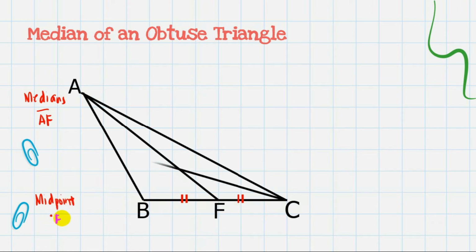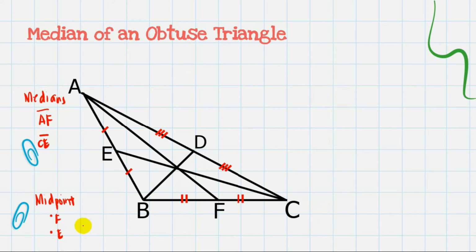Okay? Another one. So, we have this vertex papunta dun sa midpoint. Ang midpoint po ay point E. At ang median naman is this line segment CE. Okay? Then, the last one, we have from vertex B ng triangle papunta dun sa midpoint ng opposite side, side CA.